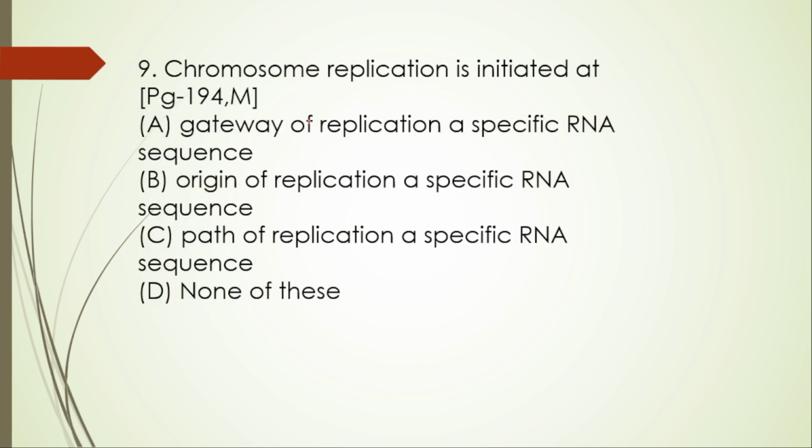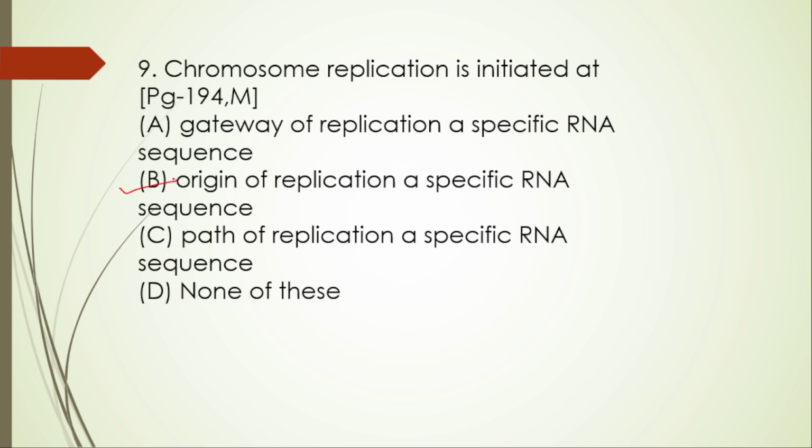Okay. Next, ninth question. Chromosome replication is initiated at A, gateway of replication, a specific RNA sequence, B, origin of replication, a specific RNA sequence, C, path of replication, a specific RNA sequence, D, none of these.